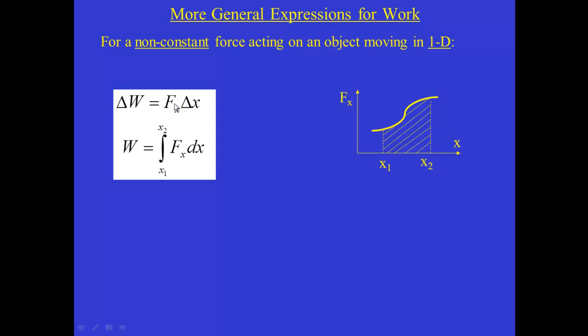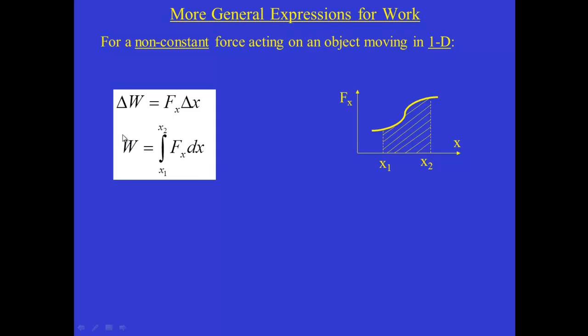And if we make that delta x very, very small, if we imagine there being a very thin vertical strip in this diagram here, then the work done across that strip will be the value of the force times the width of that strip. And that's nothing more than the area of that strip. And so what that shows us is that the work done is the area under a force versus position graph.